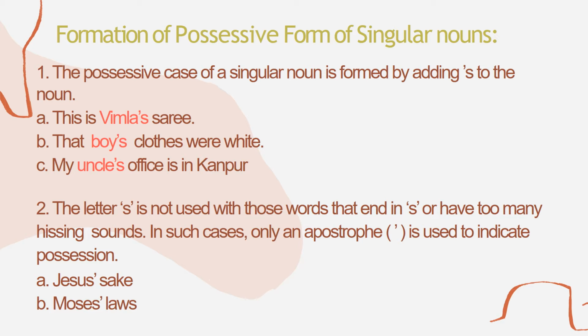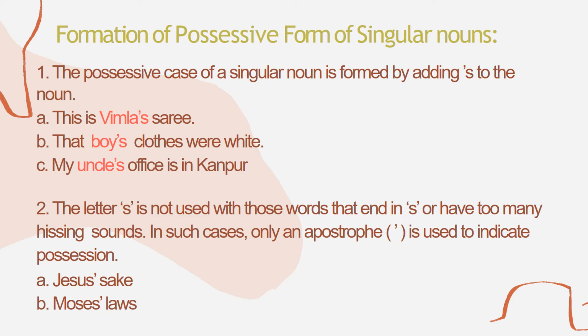First one is, this is Vimla's sari. So the name is Vimla, but whose sari is that? Apostrophe s. So by adding apostrophe s with Vimla, we can show that the possession lies with Vimla.